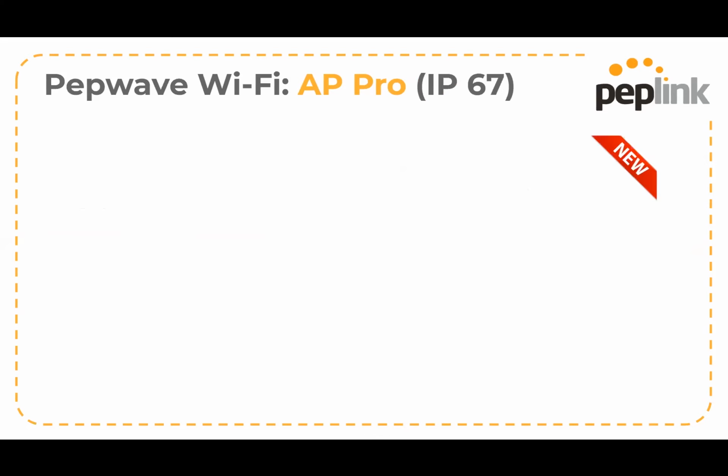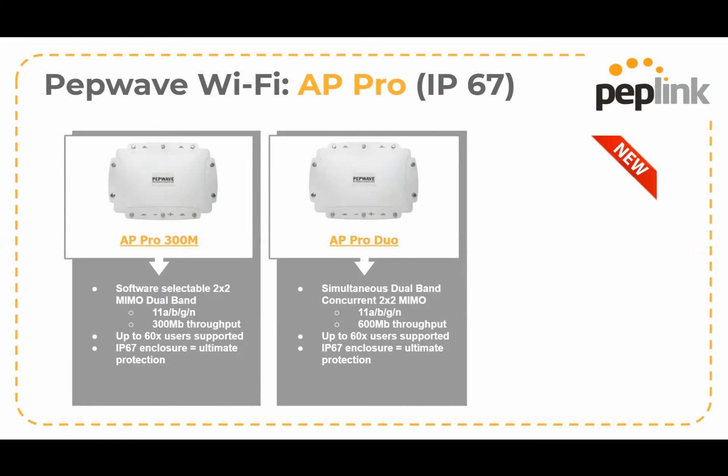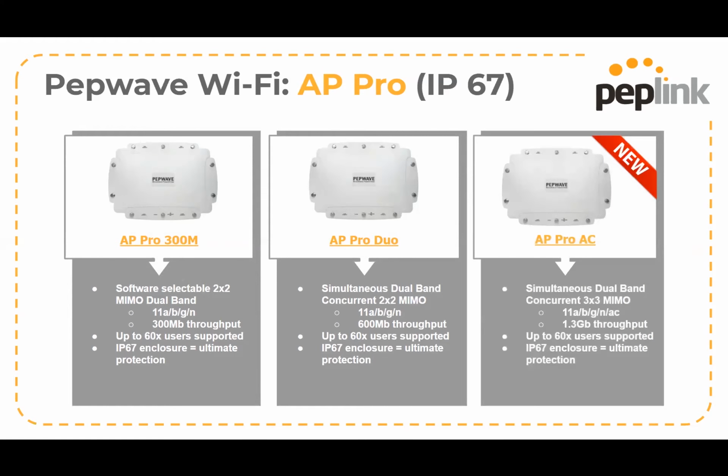But there's more. What if you have some high risk or harsh environment deployment needs and you need to provide Wi-Fi? So let's look at the AP Pro family of IP67 rated access points.